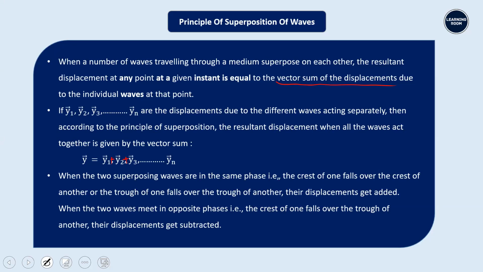One has maximum displacement, the other has minimum. So this will be A and this will be minus A. So A plus minus A will give you an intensity of 0. That is why when you saw that screen, you had some dark spots. At that spot, the maximum of one wave superposed with the minimum of another. Whereas wherever you had a bright spot, the maximum of one was coinciding with the maximum of the second. Are you able to understand?